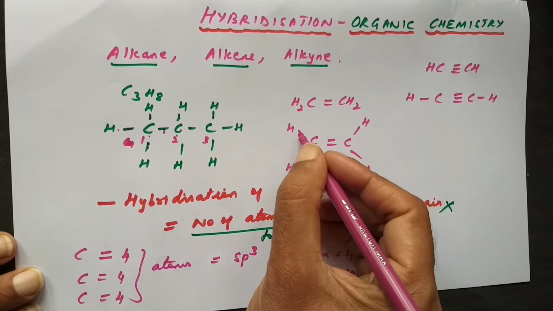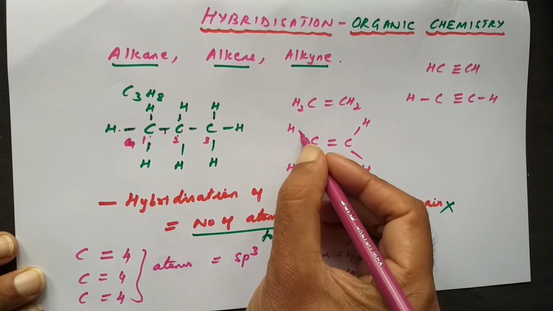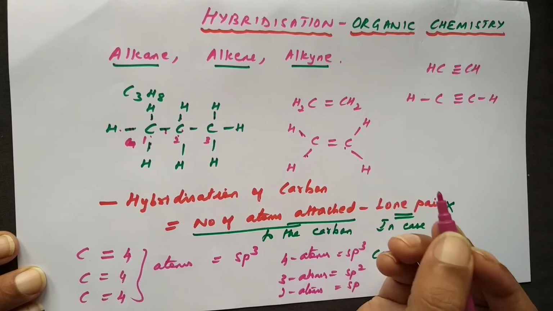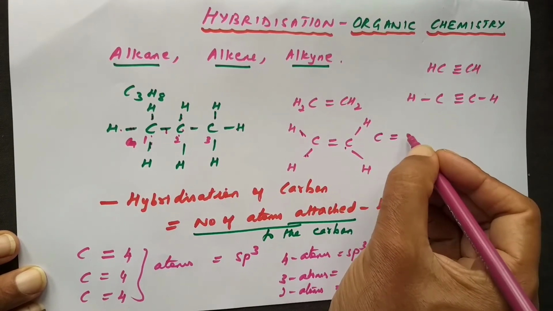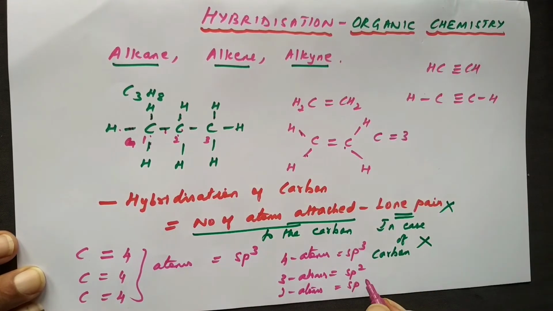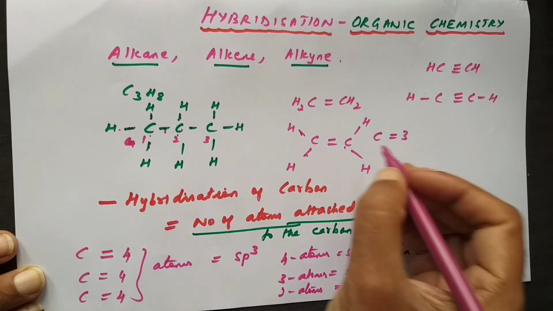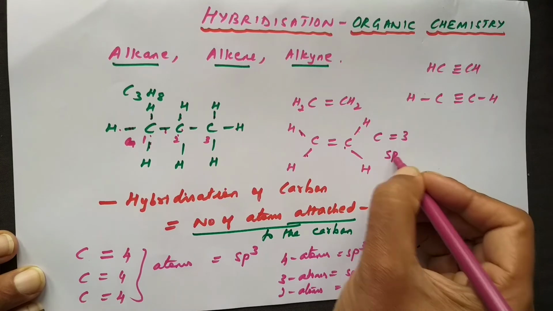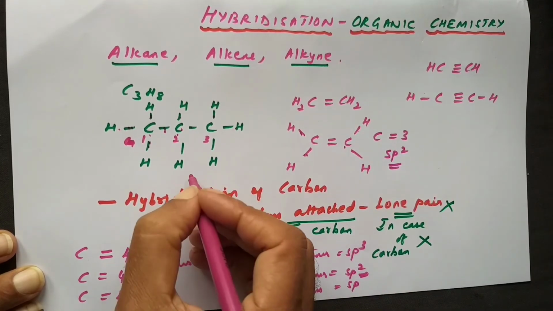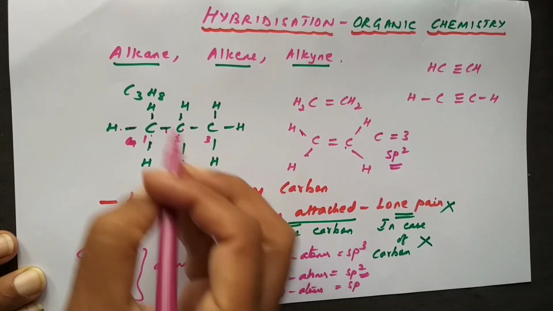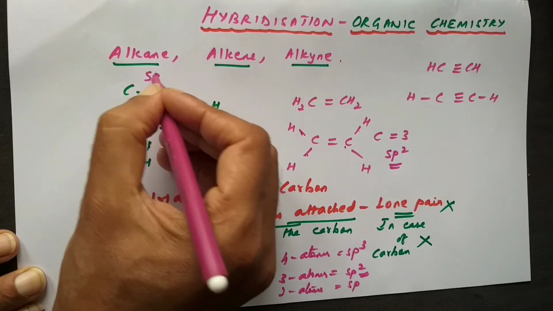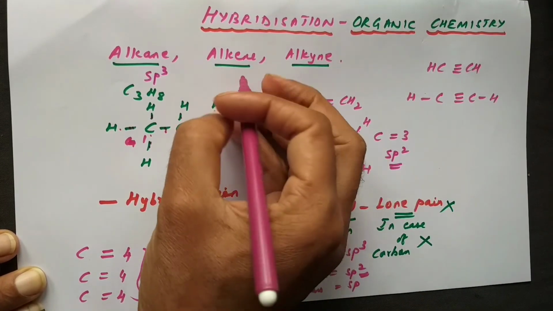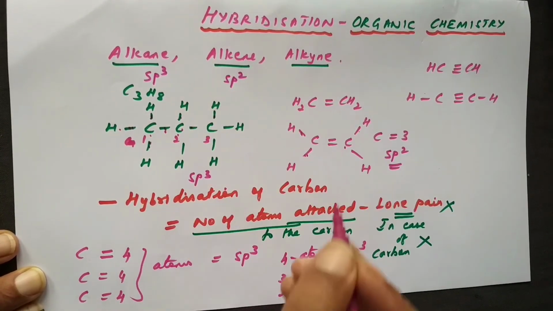Carbon 1 is attached with one hydrogen here, 1, plus 1, 2, and one carbon here, 3. So the carbon is attached with 3 atoms, and it will be sp2 hybridized. In case of alkane, it is sp3 hybridized, and in case of alkene, it will be sp2 hybridized.